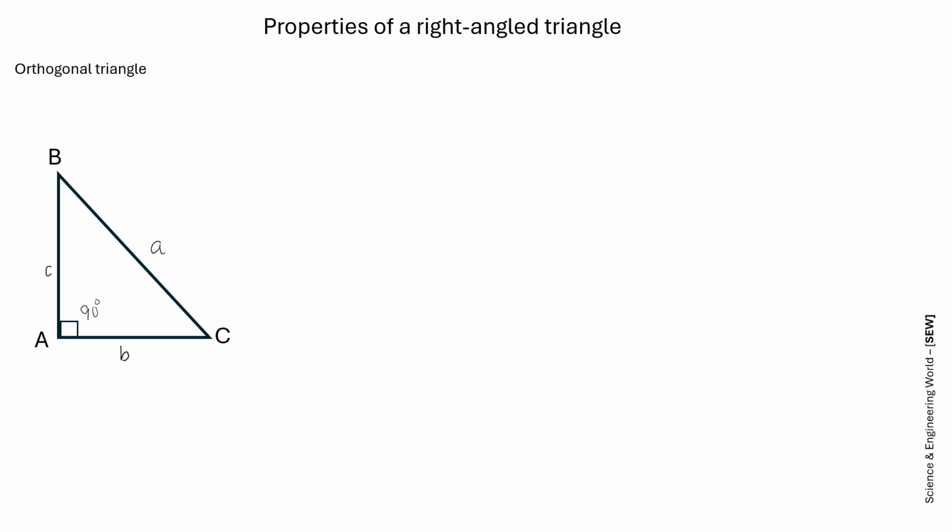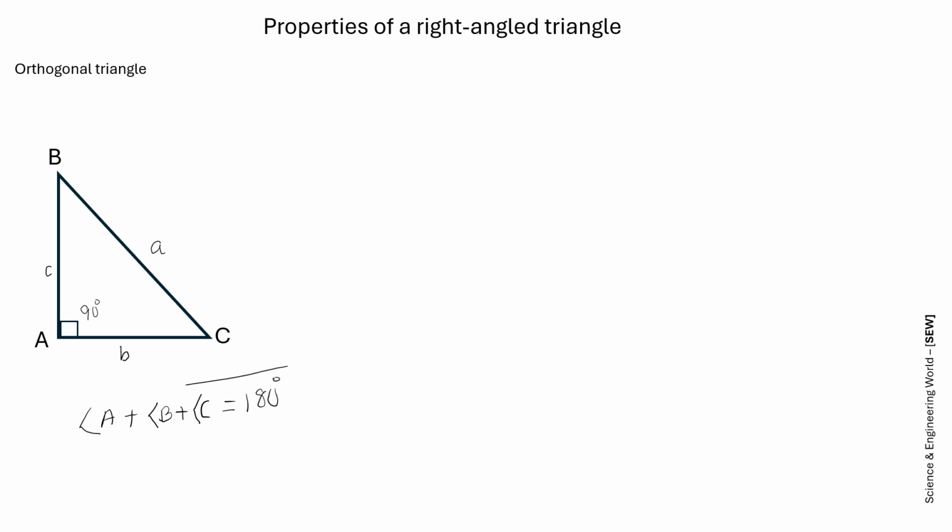It is an established fact that all the angles of a triangle add up to 180 degrees. That is, angle A plus angle B plus angle C equals 180 degrees.